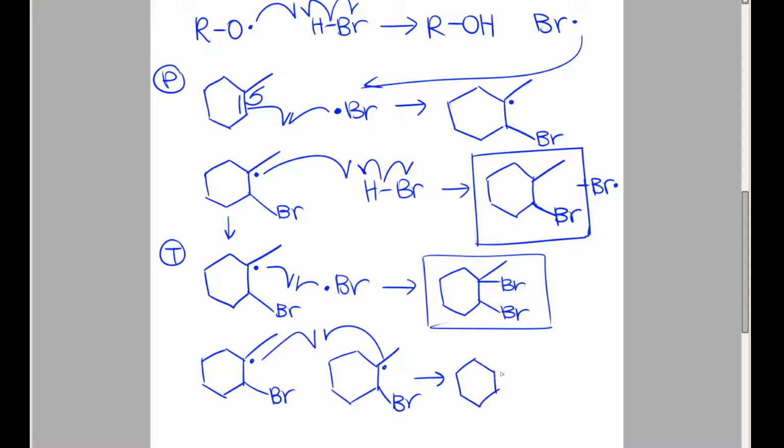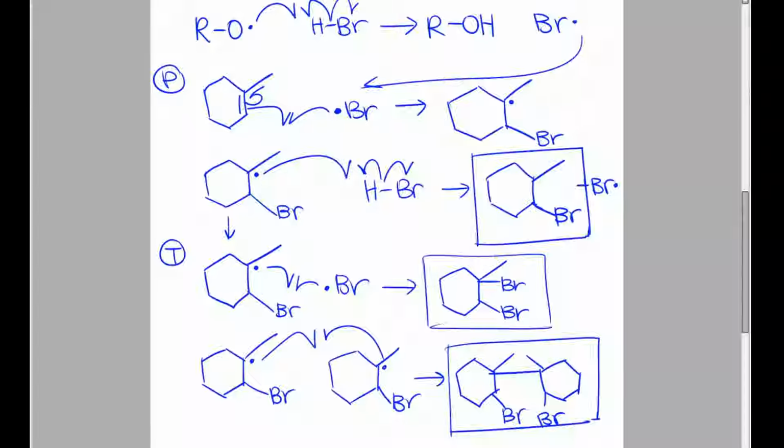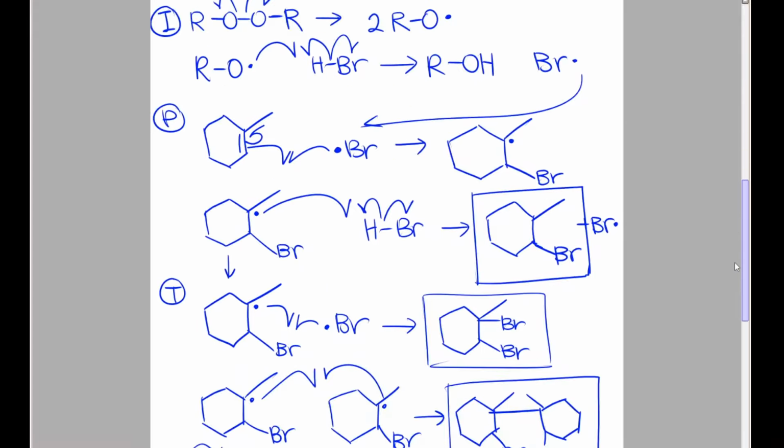It looks kind of weird, but you don't really see these that often. And then you'll get this weird looking molecule. And a third reaction that could happen is just the bromine radicals react together and just reform something like dibromide. So those are three possible other products that could arise from this reaction.